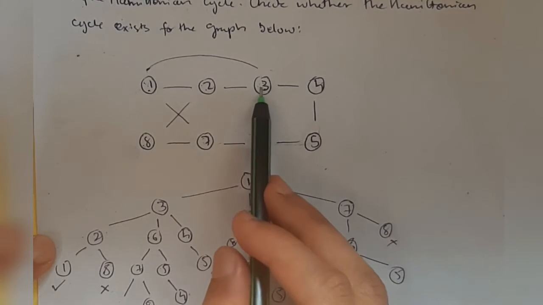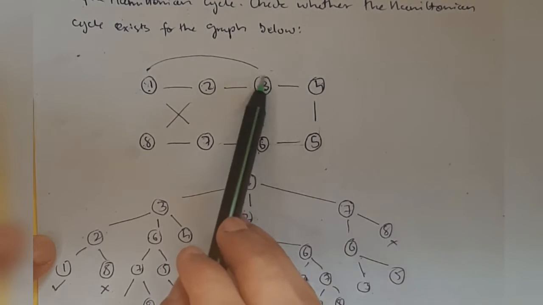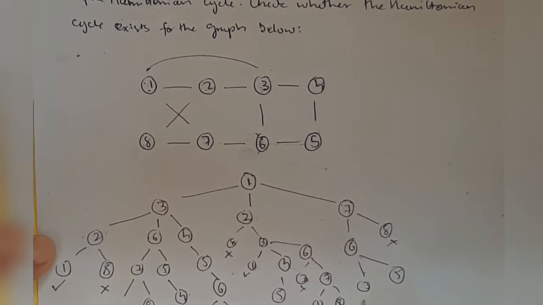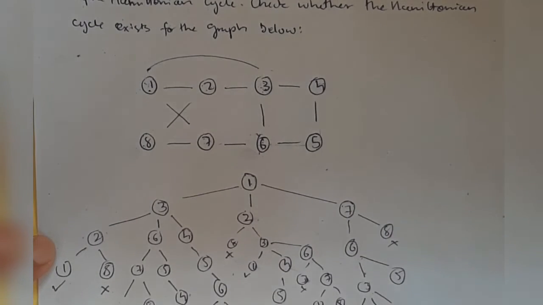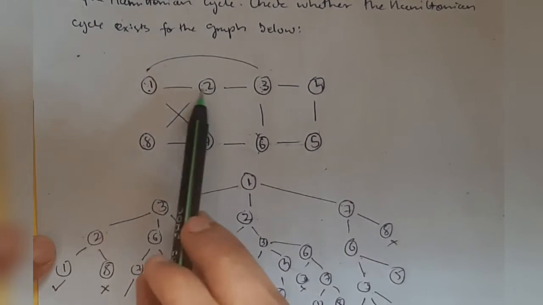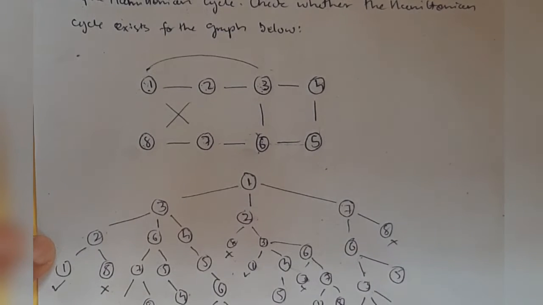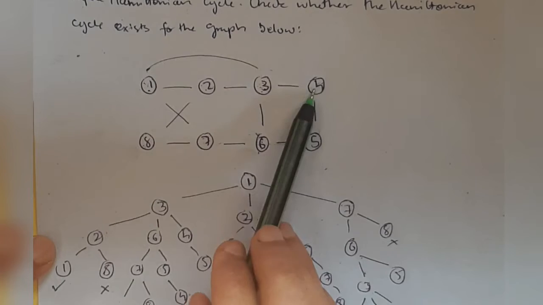If I go with 3, I can go to 4, 1 or 2. If I go with 1, it's all right. If I go with 2, there is 2 to 8 and 2 to 1. 2 to 8 is not possible, 2 to 1 is possible. And from 4, I can go to 5.